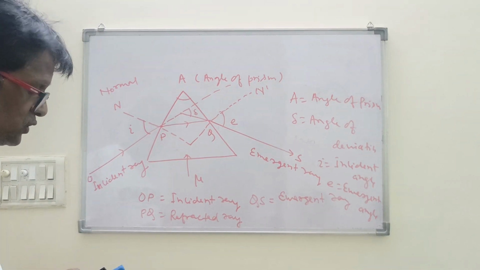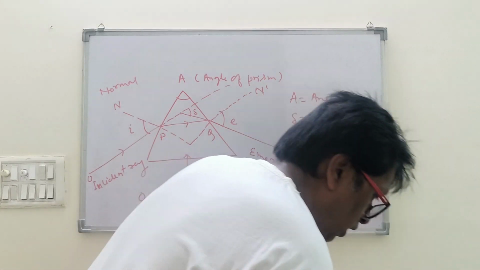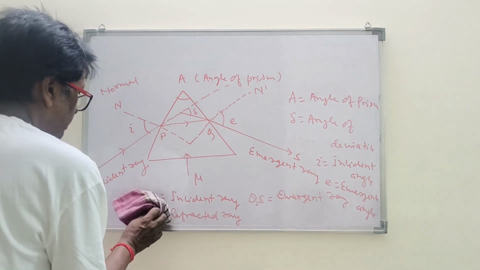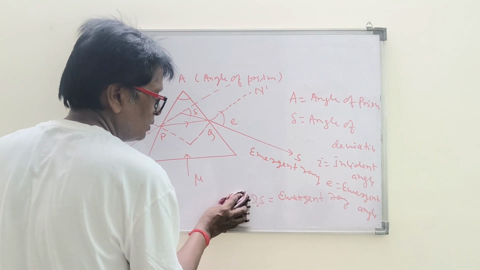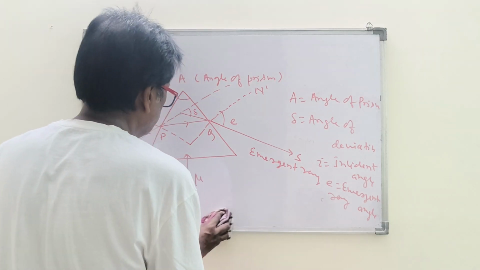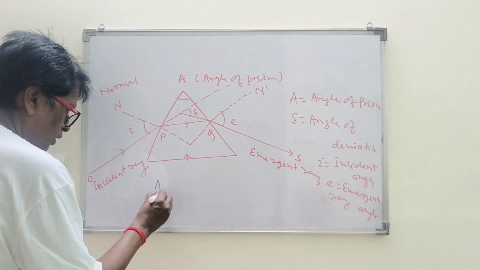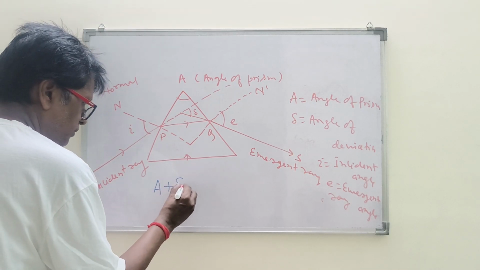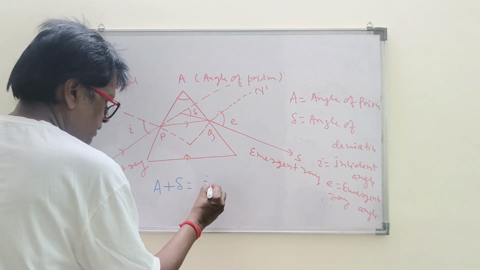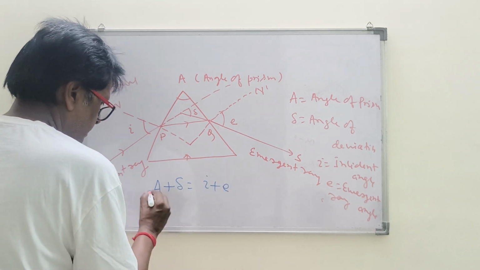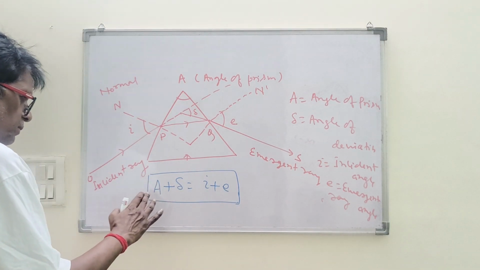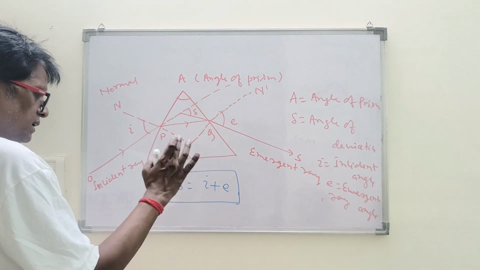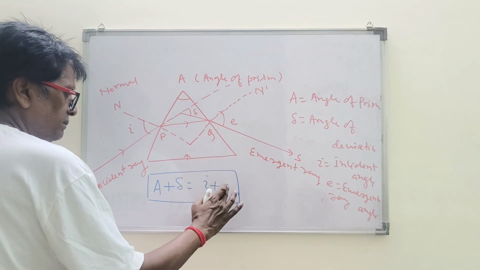And there is a relation among all these angles when you perform an experiment for refraction through a glass prism. You will prove that the angle of prism plus angle of deviation equals incident angle plus emergent angle. So this is the relation among angle of prism, angle of deviation, incident angle and emergent angle.